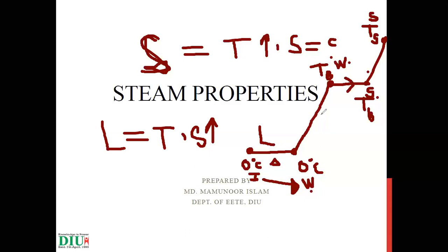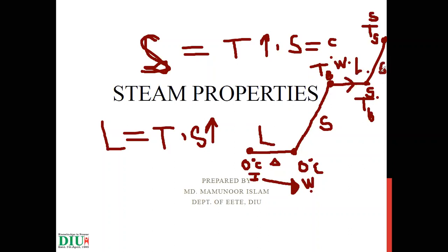From 0 degree water to T_B degree Celsius water, here you can see that the state remains water, but the temperature is changing. That's why it is sensible heat. Finally, here you can see that the state is changing, but not the temperature. This is latent heat. And finally, it is sensible heat.